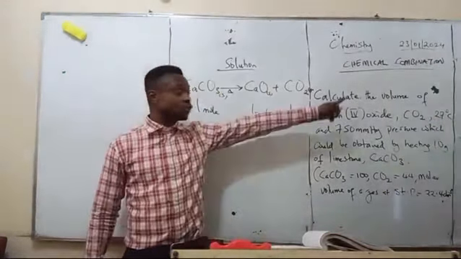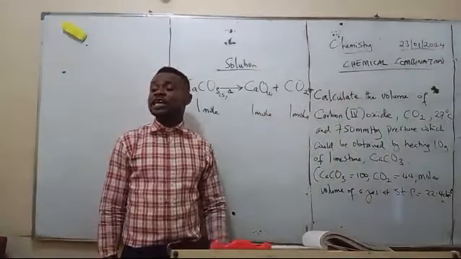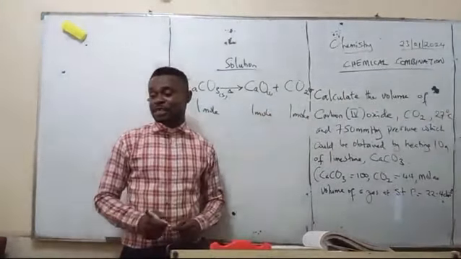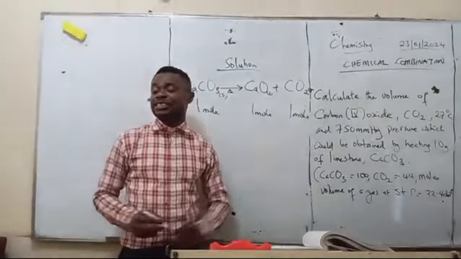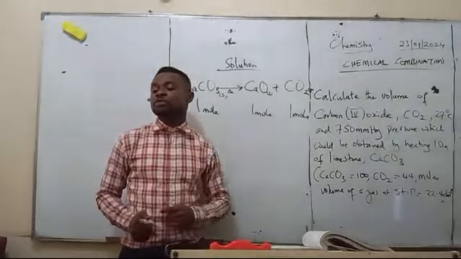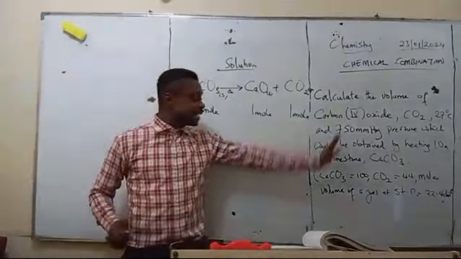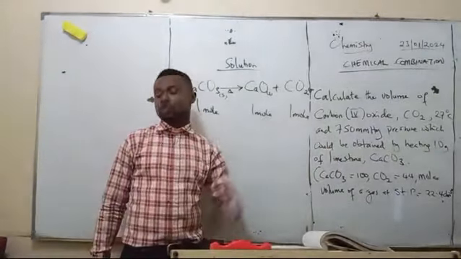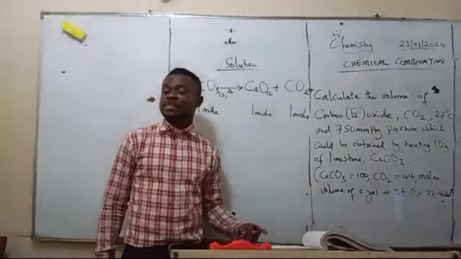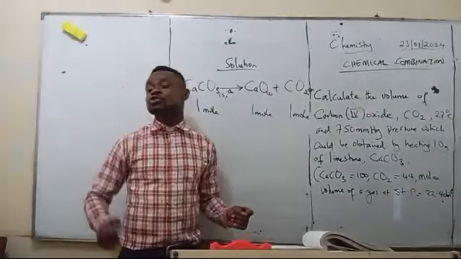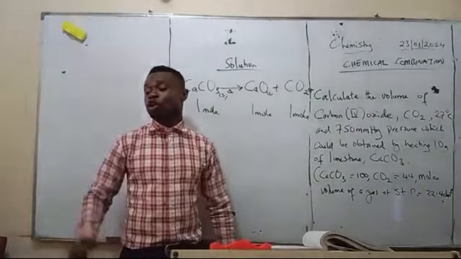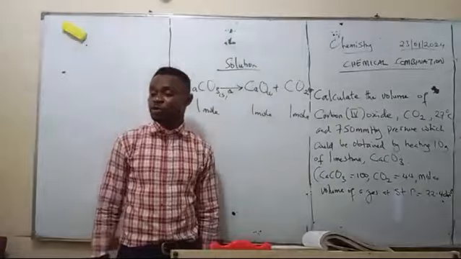The question says we should find the volume. There's already a relationship at STP that 1 mole of a gas at STP is 22.4 dm cube. So at this standard condition, 1 mole of carbon dioxide will occupy 22.4 dm cube.